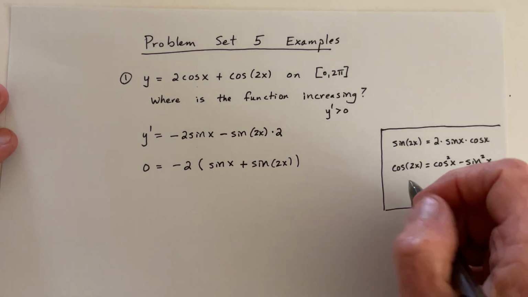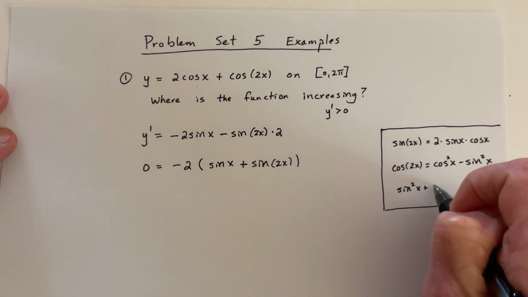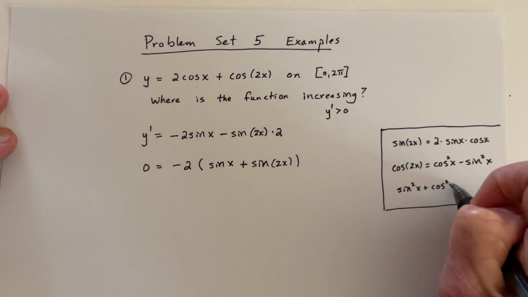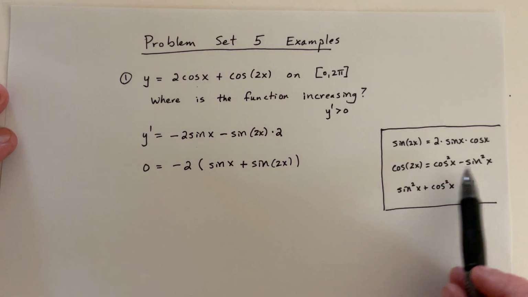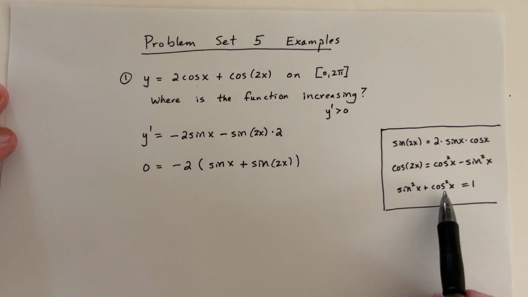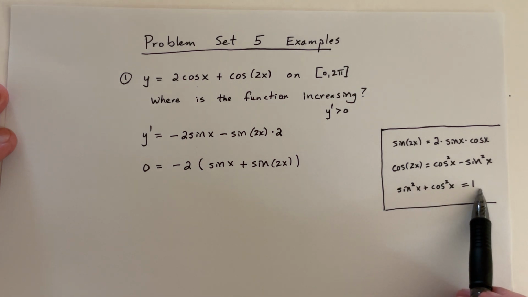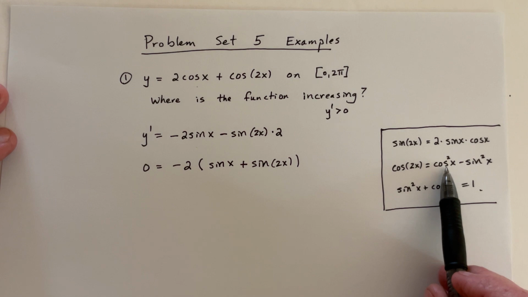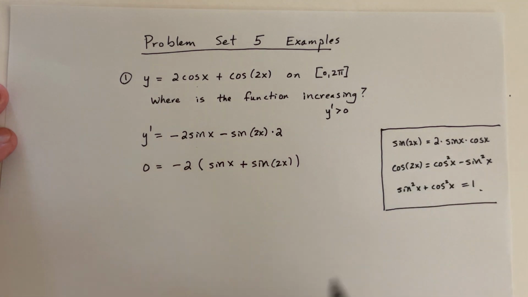Sometimes when you use this one, you also do need to use sine squared plus cosine squared equals 1. That way, if you need to only have sine in it and it has a cosine squared, well, you could solve for cosine squared. It would equal 1 minus sine squared, and then just plug that in right there. Okay, but for this one, I just need this one. But these three are very helpful quite often.